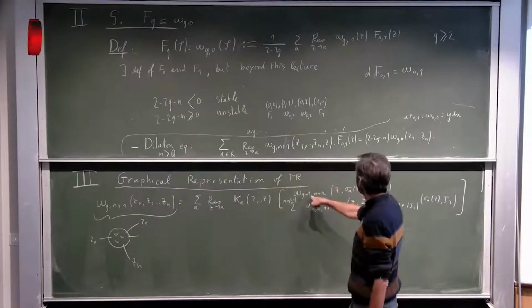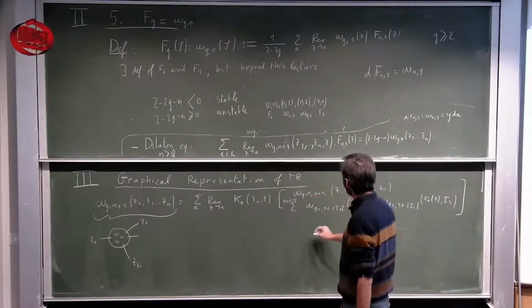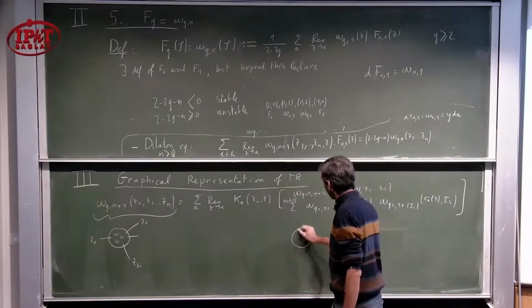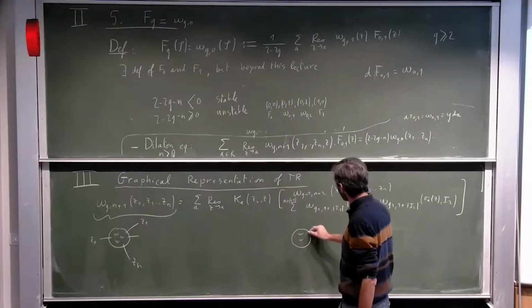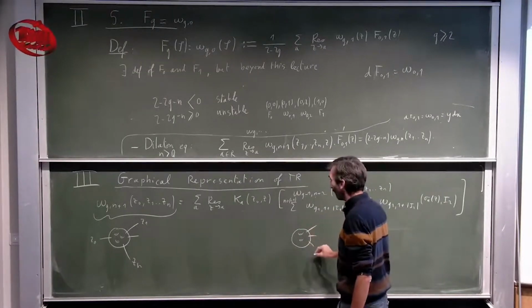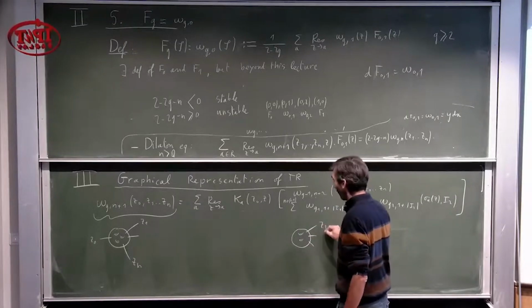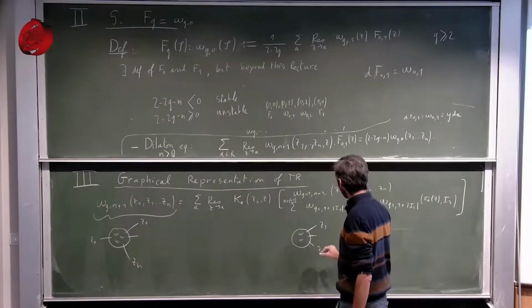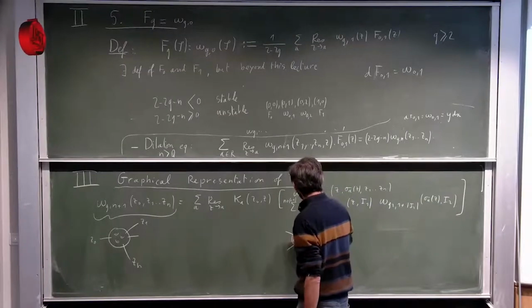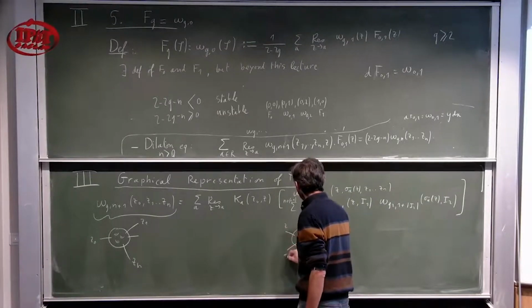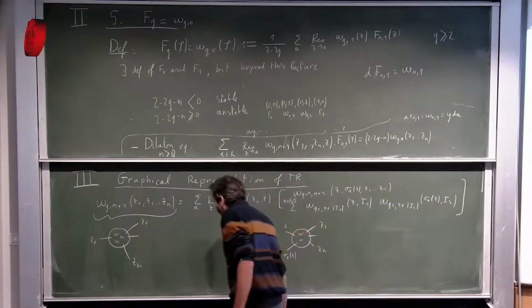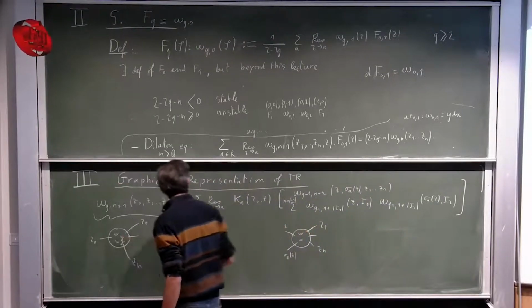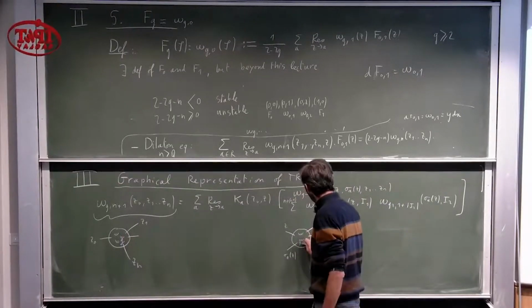And in this term there is an omega g-1 with n+2 legs, n of the legs being z1 up to zn, and there are 2 more legs, z and sigma of z. And here you have g, and here g-1.